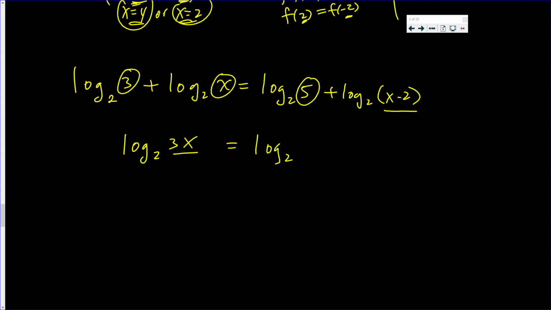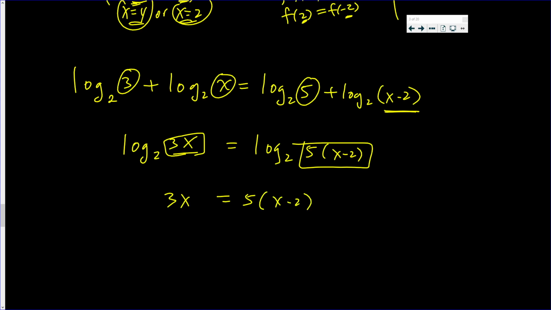If log of this is equal to log of that, then this is equal to that. The right side is 5x minus 10. This must be 2x's, because 5x minus 2x is 3x.